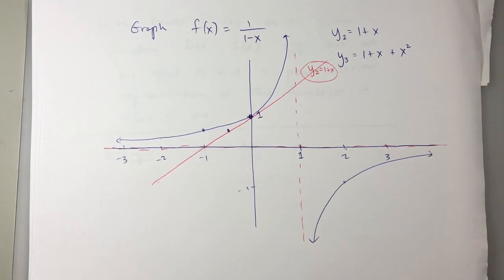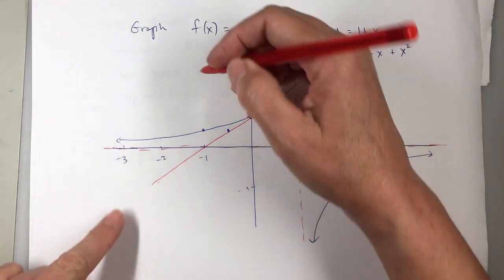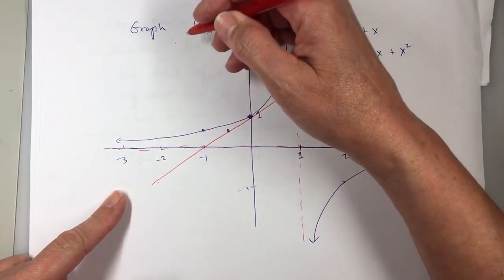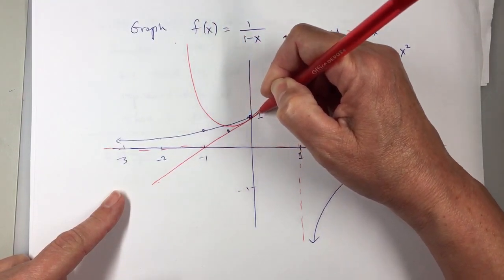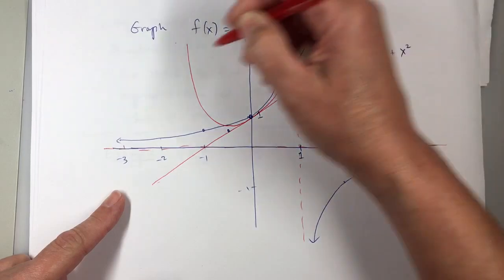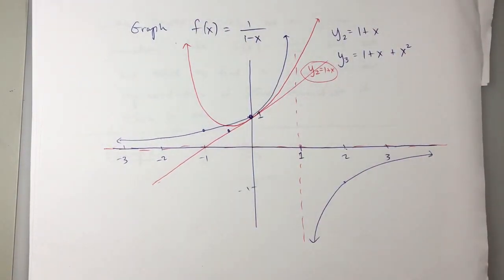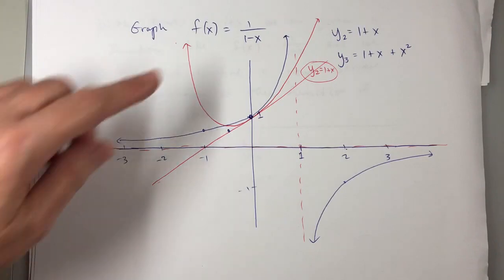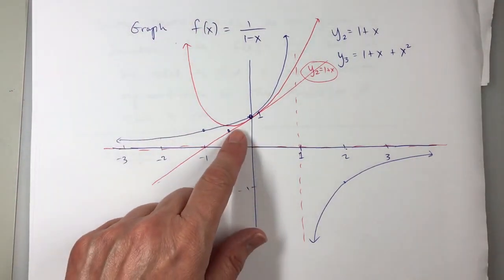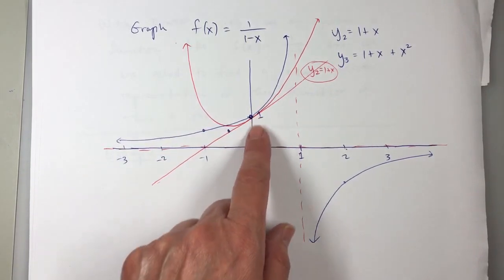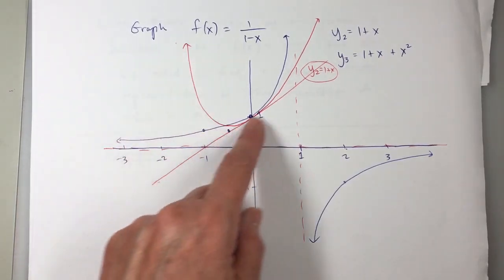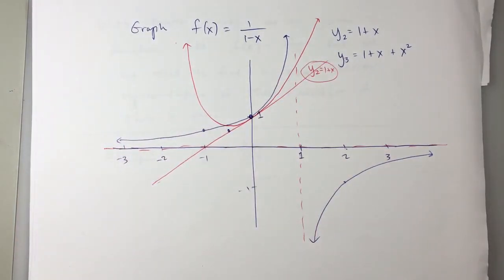I'm not going to try to find the vertex, but the parabola does something like this. As far as an estimate of f of x, as I'm close to the point 0, 1, these graphs are a pretty good approximation for my function f of x.